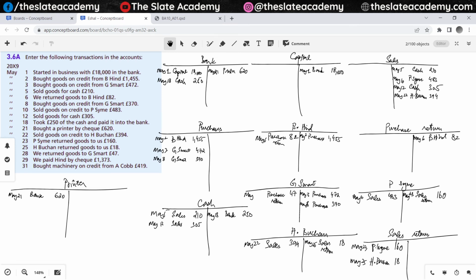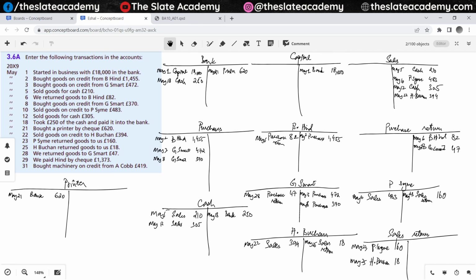Purchase return account credit by how much? 47. And here I'd write G Smart, and the date is May 28.